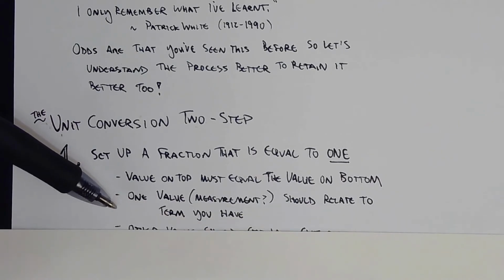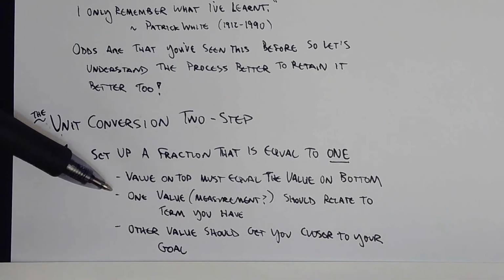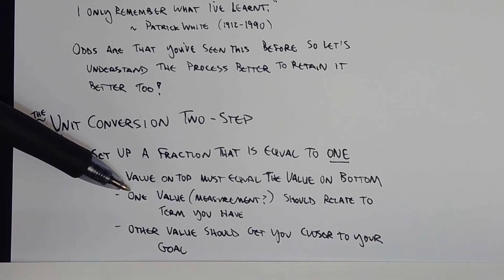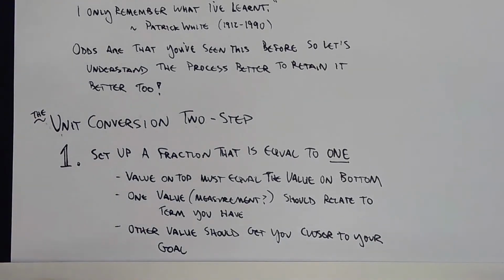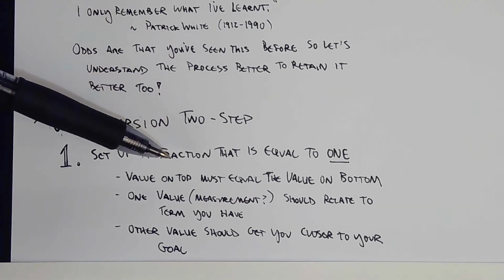And generally speaking, when you set up your fractions, one of the values should be related to the measurement you're starting with, or that you're at at that point in the conversion. The other one should relate to getting you closer to your goal. And I'll show you what that means in a minute. So it's not just any fraction in the universe.